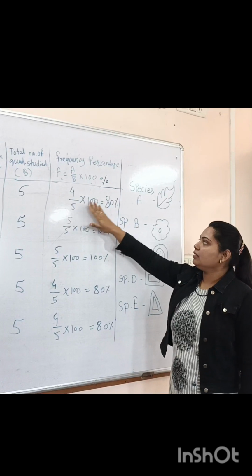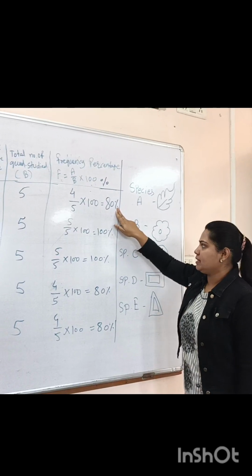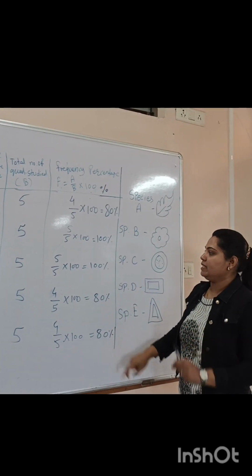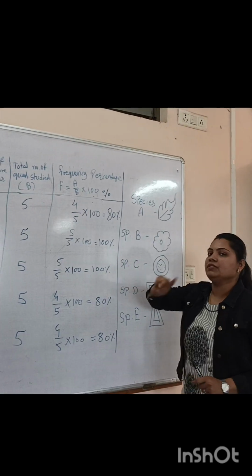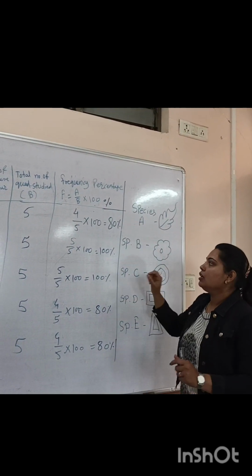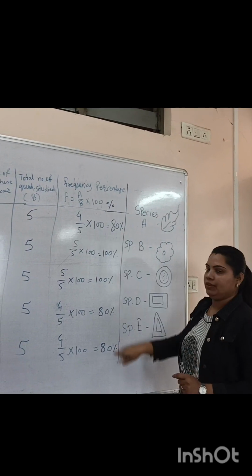We calculate the frequency as 4 by 5 into 100 is equal to 80%. There are 1, 2 and 3 species which are 80% and 1 and 2 species which are 100%. This is all your frequency percentage. You have to add the percentage sign everywhere.